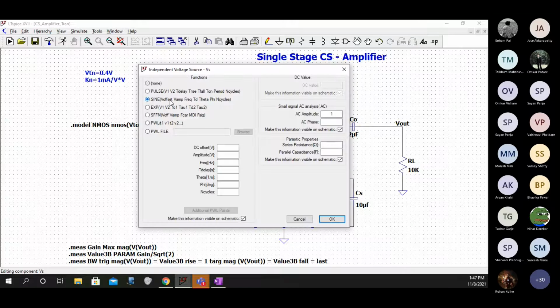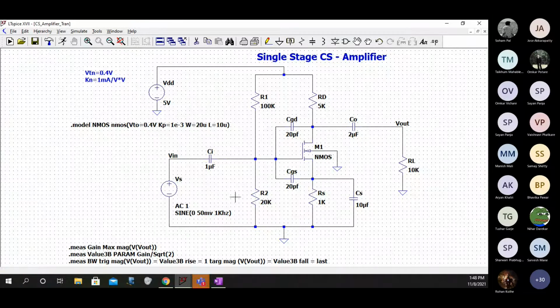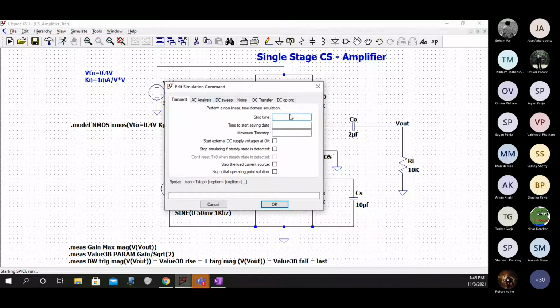So you can apply a sinusoidal signal here of maybe 100 millivolts and 50 millivolts, and the frequency can be 1 kilohertz, and you can still run this .tran.